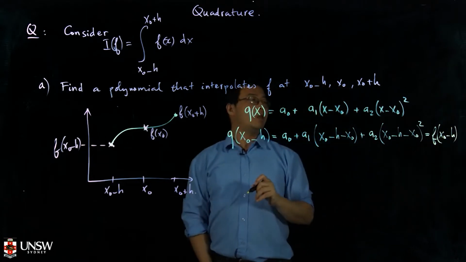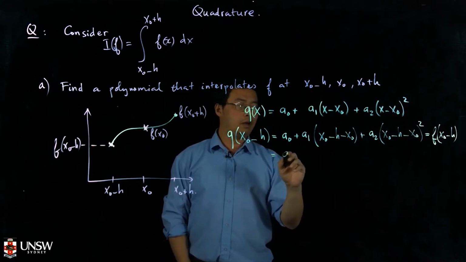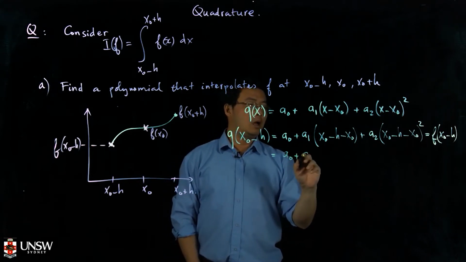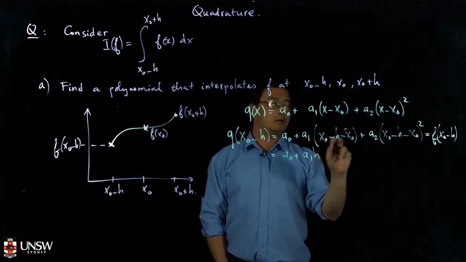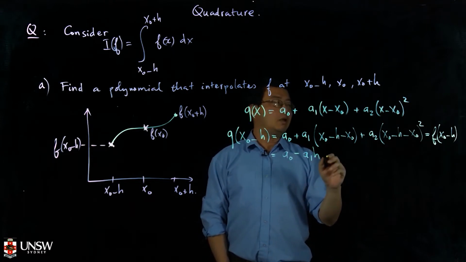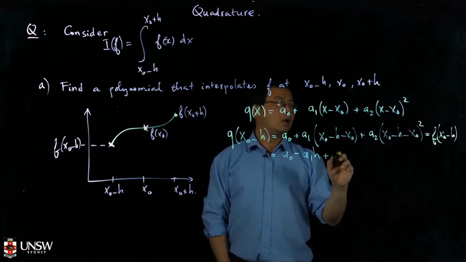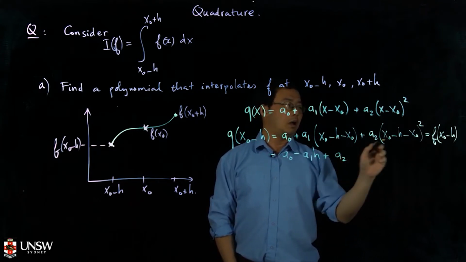So I simplify a little bit, then I have a0 minus a1h, so this one actually should be minus, and then plus a2h squared, equal to f at x0 minus h.